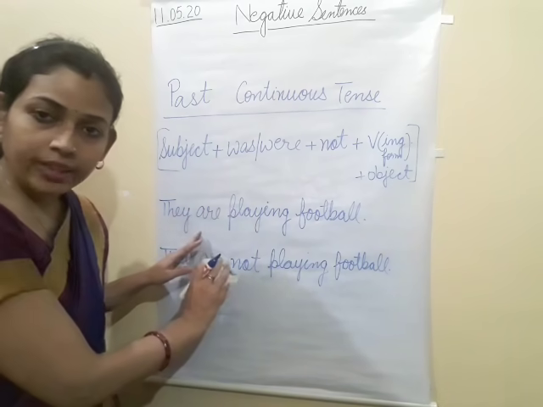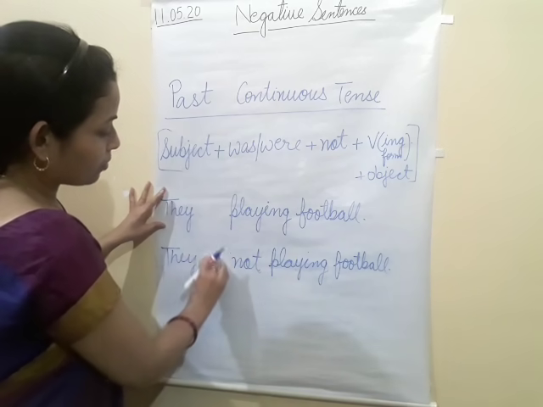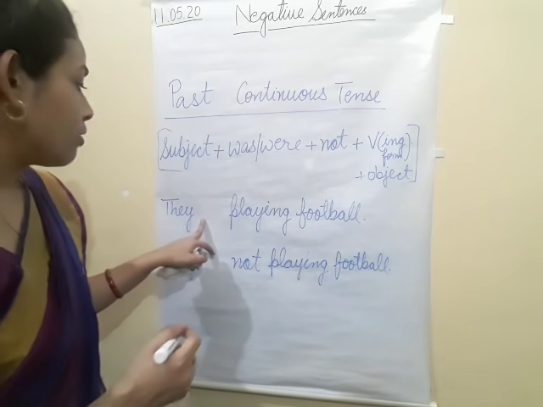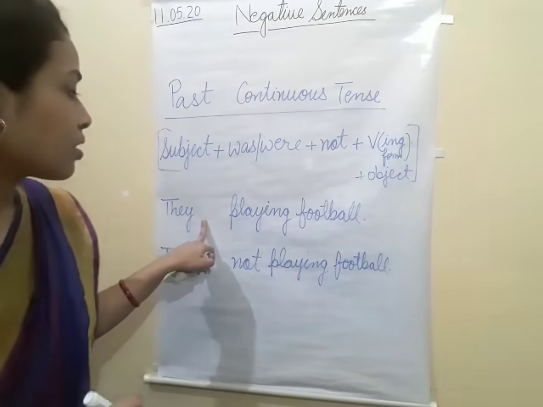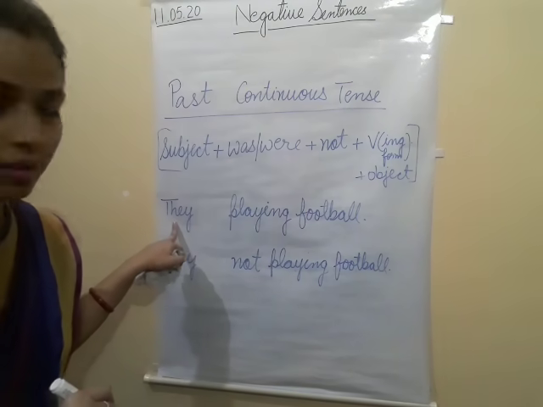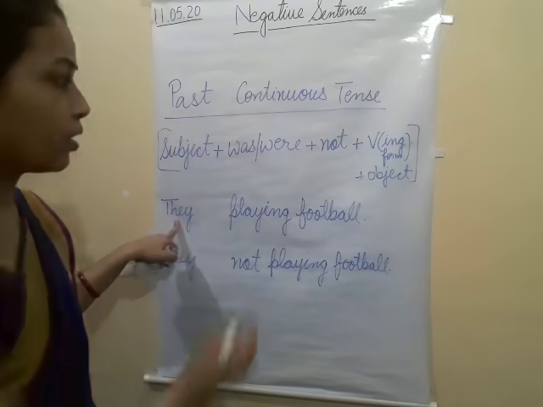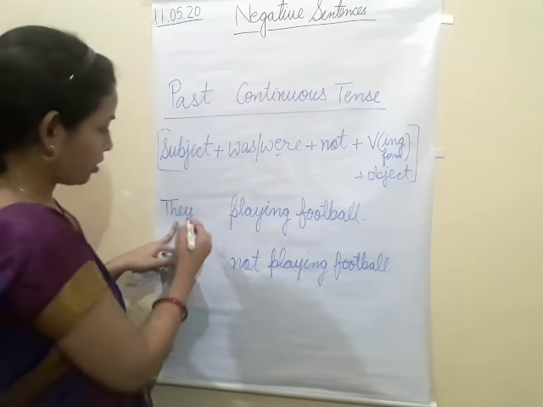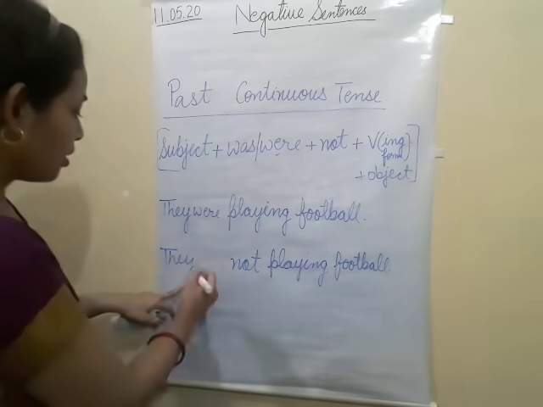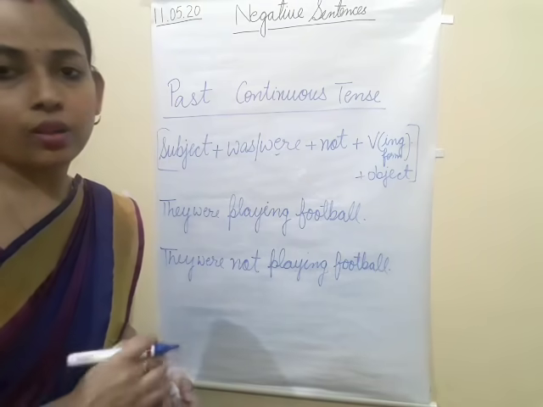And let me change the examples here. So here in past continuous tense it will be was or were according to the person, according to the subject. With they we use were. So they were playing football. Here it will be they were not playing football. Okay.